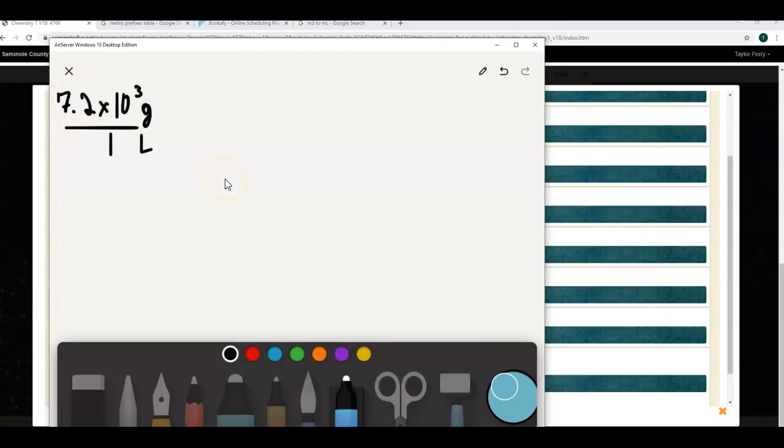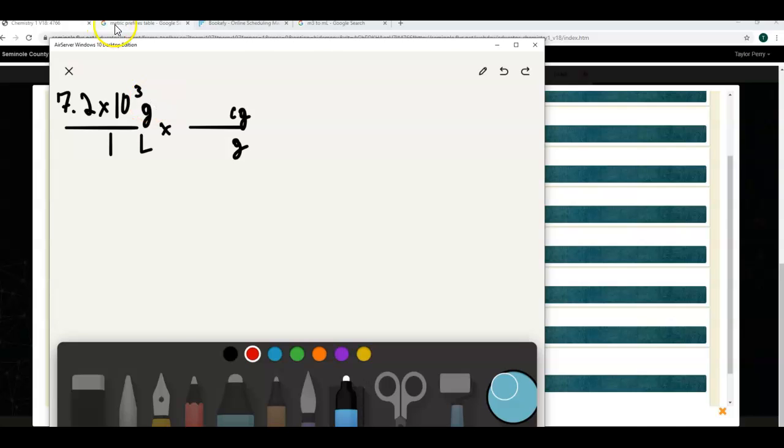Well, okay, let's focus on centigrams, right? Let's focus on our mass and convert that. So that's a good first step, I think. So we have grams and centigrams, right? We can figure out that conversion factor. First off, grams goes down here. And centigrams goes up here, right? Because you're always trying to cancel out your units.